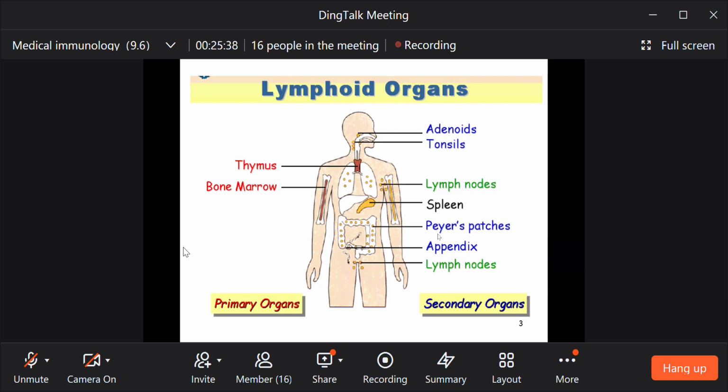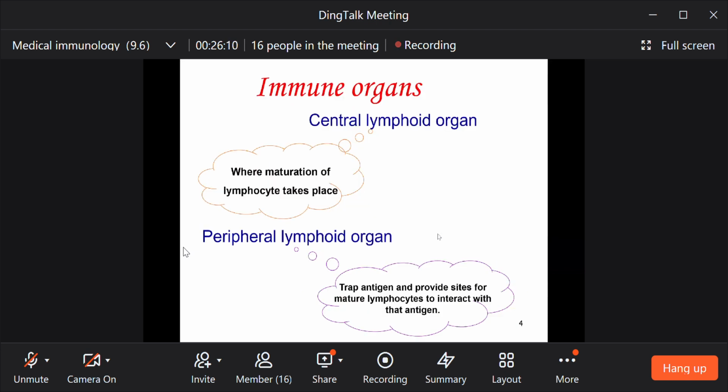But in fact, we won't usually distinguish the immune organs by using the primary organs and the secondary organs. We would like to call them the central lymphoid organs and peripheral lymphoid organs, like this.